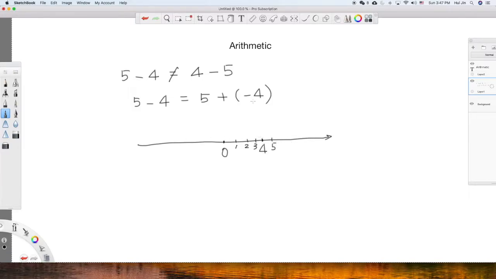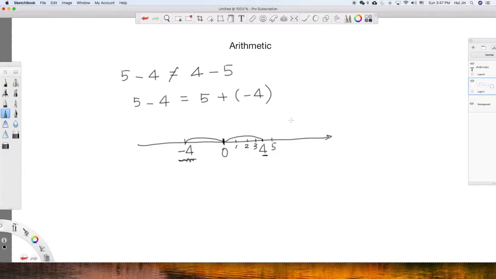The negative 4 is really the symmetric point of 4 relative to 0. So you just measure this and you put it here, and this is negative 4. This negative 4 is really defined as a number such that negative 4 plus 4 is 0, or negative 4 is the mirror of 4.